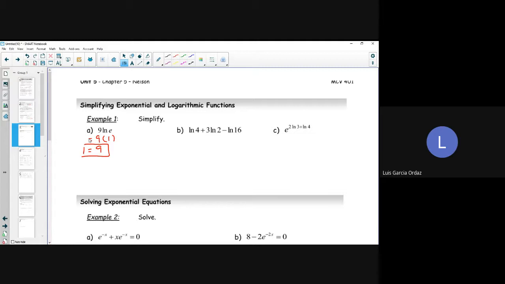So remember, this is the power law. The power law states that ln of x to the n is just equal to n ln of x. So this would be ln 4 plus ln of 2 to the power of 3 minus ln of 16. We know 2 to the power of 3 is 8.